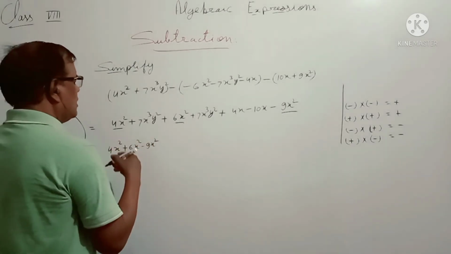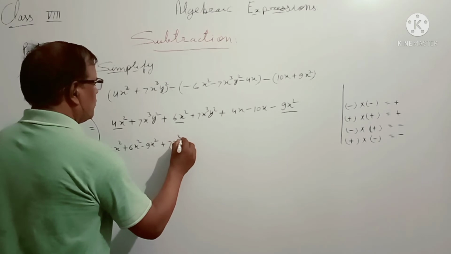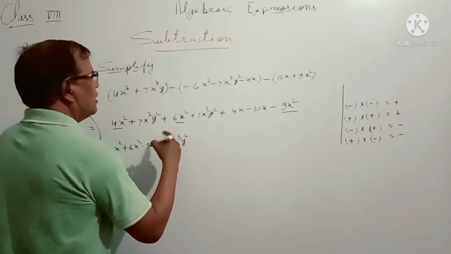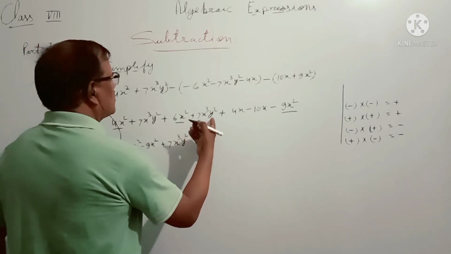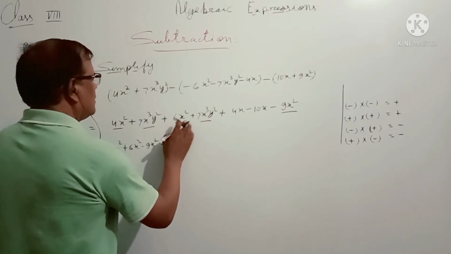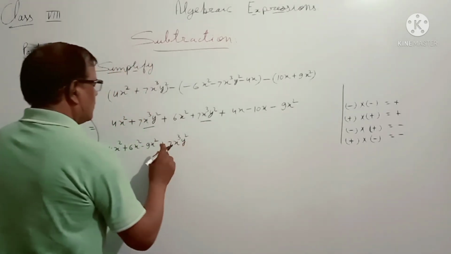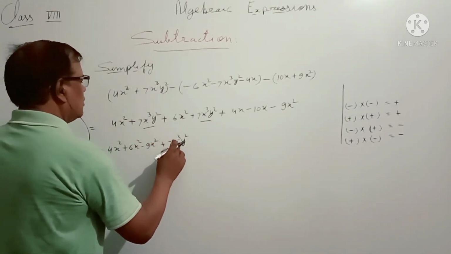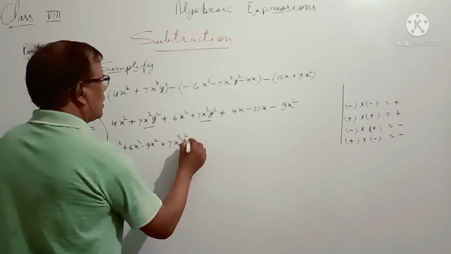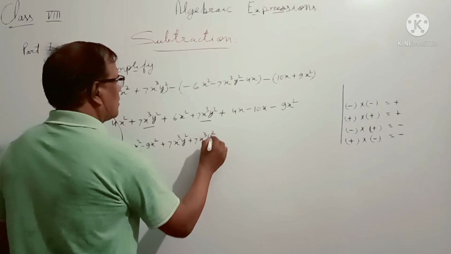Now we go to the next term, 7x cube y square. Then we see where is x cube y square? It is here. Now we will arrange this: 7x cube y square and the next one also 7x cube y square.